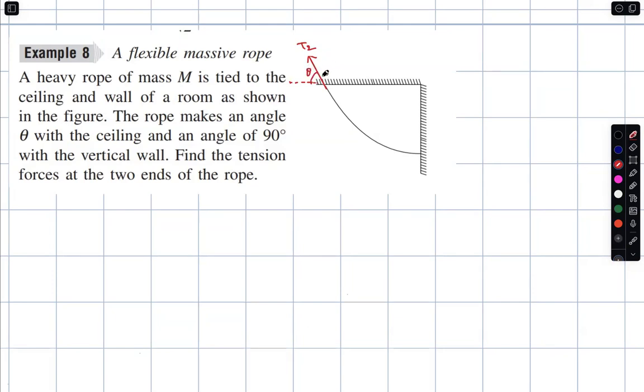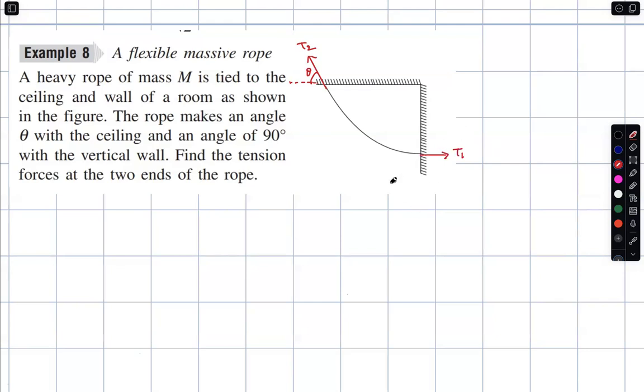This is theta. It is mentioned that the rope makes an angle theta with the ceiling and an angle of 90 with the vertical, which means clearly it is horizontal. T. Yes, this is clearly mentioned in the question.